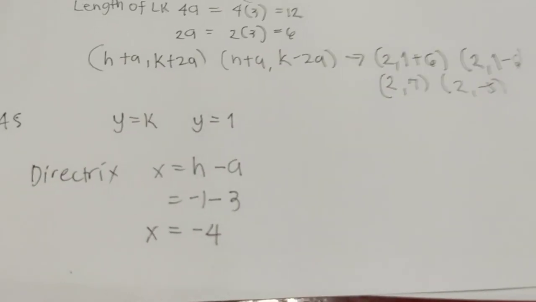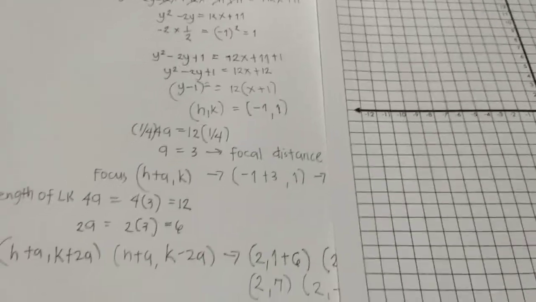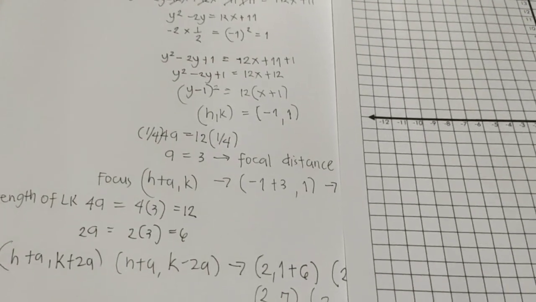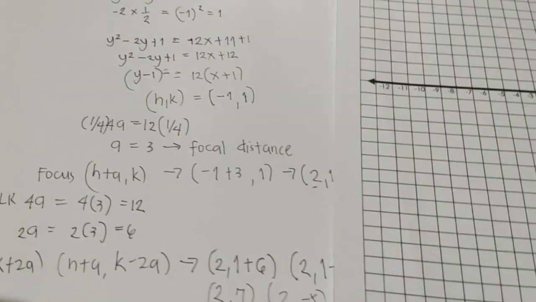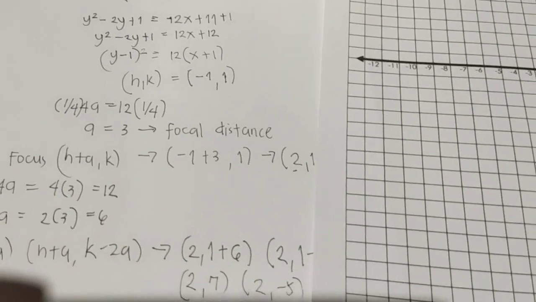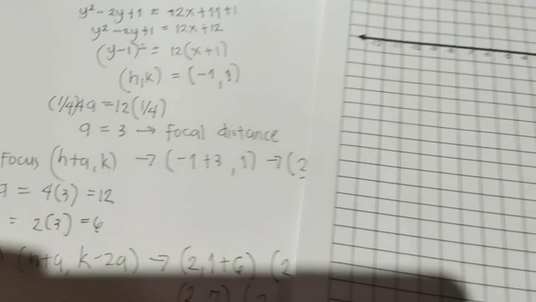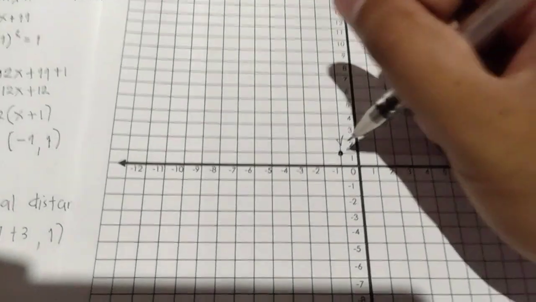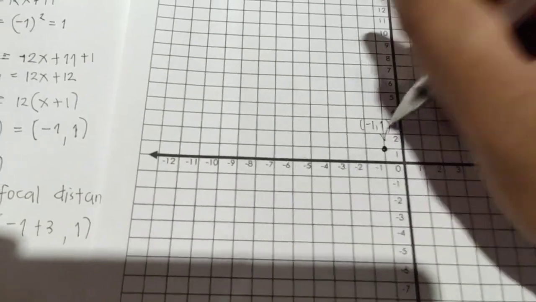After that, we are going to graph the parabola. First, we need to plot the vertex of the parabola, which is (negative 1, 1). So here is the vertex of the parabola, (negative 1, 1).